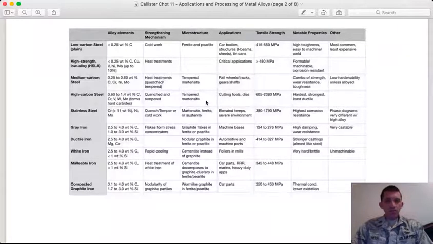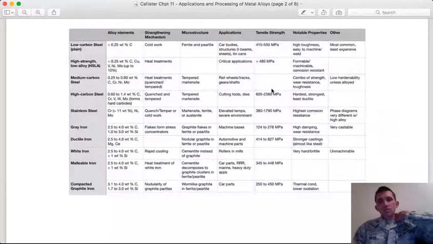They develop the quenched microstructures, martensite, and generally if you're going to get to martensite, you're going to temper it, because martensite is much too hard and brittle, and so you temper it to get back a little bit of that ductility for toughness and workability.